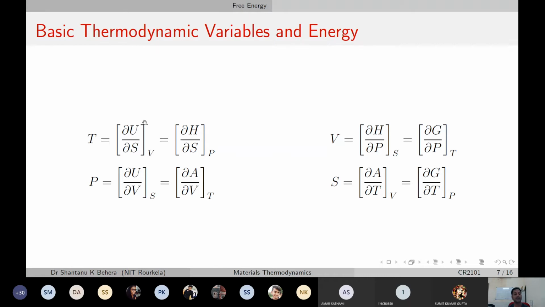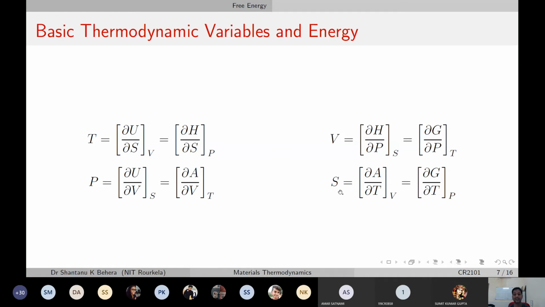In the T domain, the change in internal energy with the change in entropy at constant volume is nothing but temperature. The same thing: change in enthalpy over change in entropy in a constant pressure process is equal to T. So the TdS relationship is here.